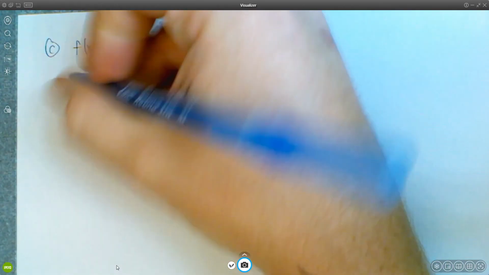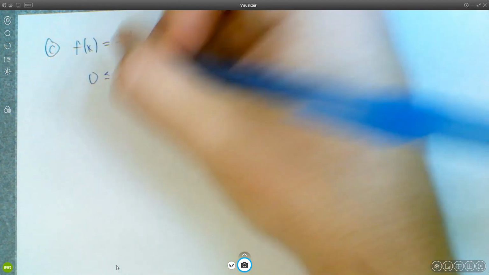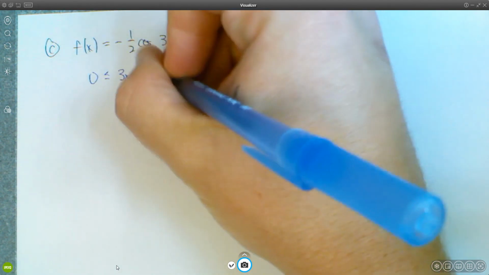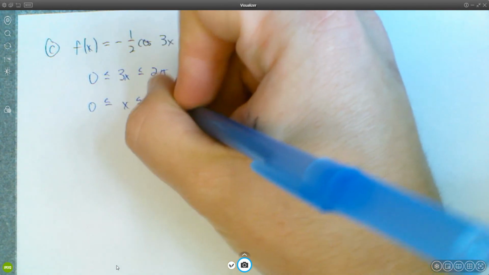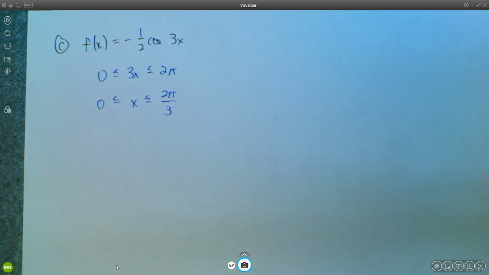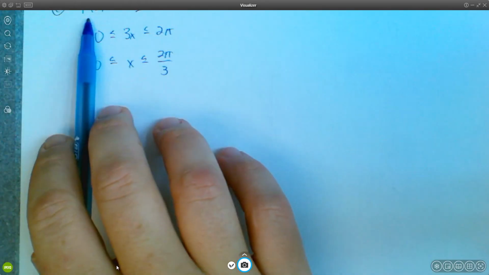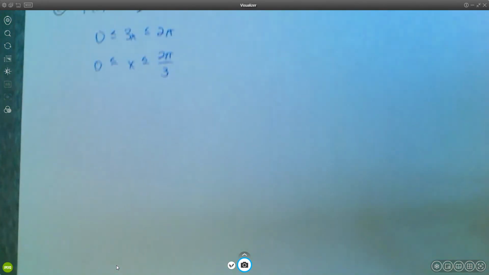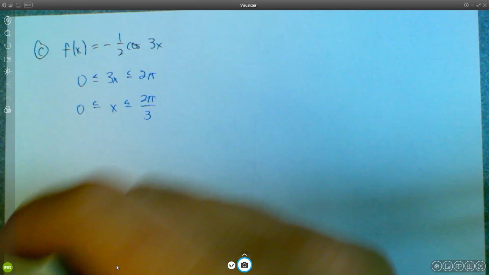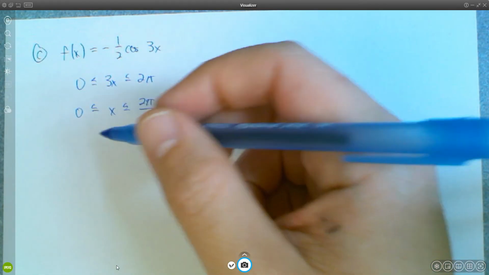Okay, so first of all, to find the period, we squeeze 3x between 0 and 2 pi and then solve, right? So x is between 0 and 2 pi over 3. That means that f must have a period of 2 pi over 3.